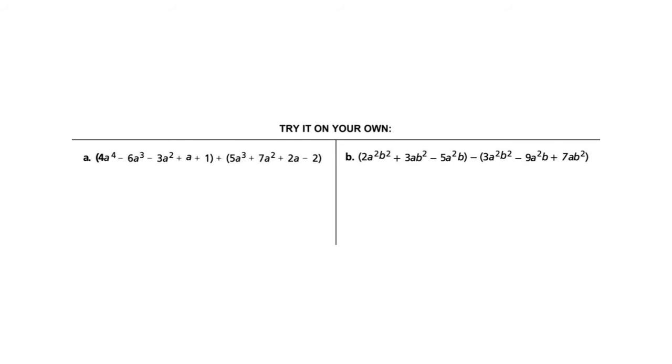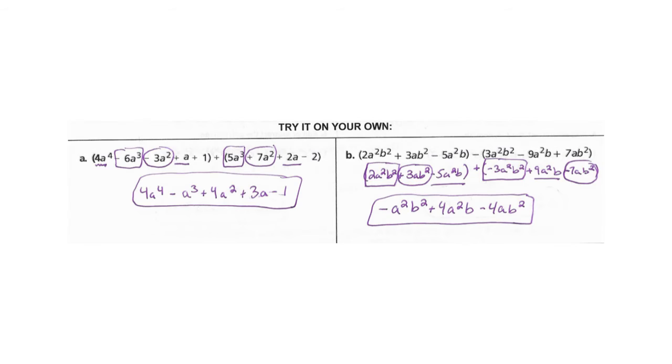So why don't you try these two, an addition and a subtraction problem. You can do it either way, vertically or horizontally, whichever one you're more comfortable with. Pause this right now, and then I'll show you the solutions. So what I did is I marked the like terms together.